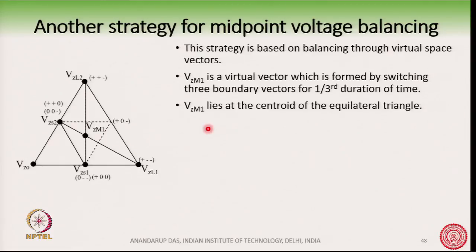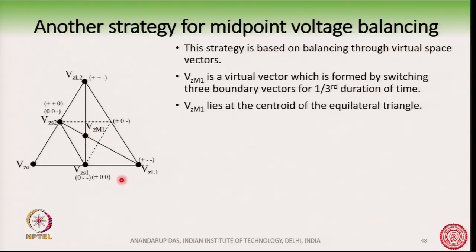different durations of time. For example, one example of a virtual space vector is V z m 1. Okay. So, this is the vector here. This vector does not exist because we do not have any switching state which will produce this vector.